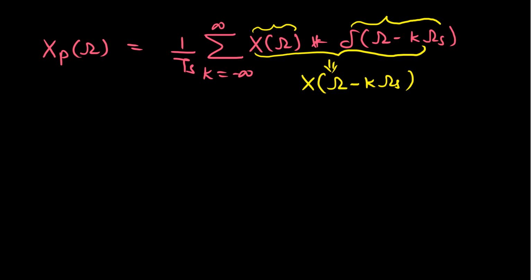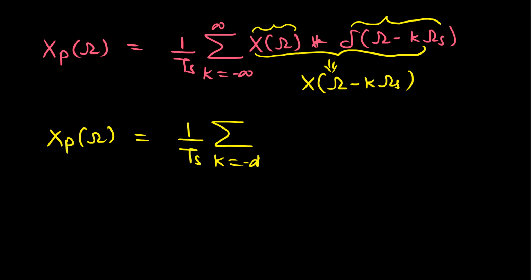So therefore this Xp of omega is given as 1 by Ts summation k running from minus infinity to infinity X of omega minus k times omega s.